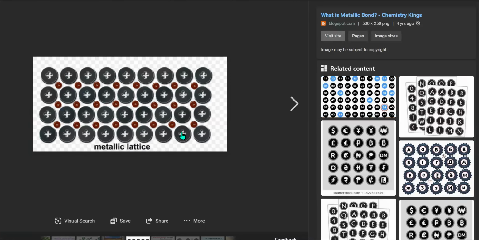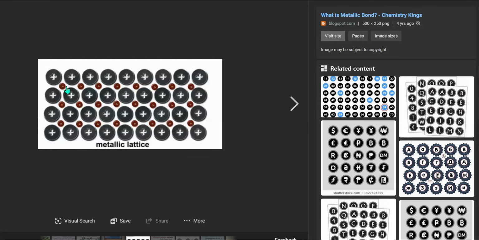Metal ions tend to lose electrons. The electrons are all roaming around in the middle. And that's what a giant metallic lattice is. It only has metallic bonds. Delocalized electrons. It's a sea of delocalized electrons attracted to positive ions. Positive ions are attracted to delocalized electrons. And it just continues. So it only has one type of bonding.